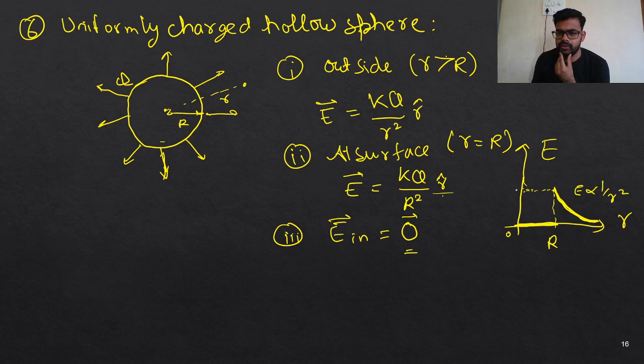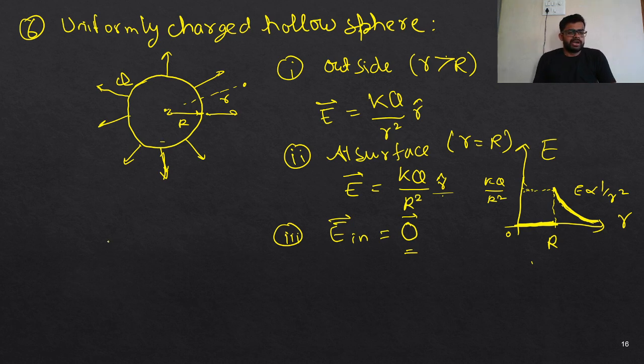Here E is 0. So what is this value? This value is kq upon r square. So the curve is 0 up to R, and after that from this point the curve is like this. That's all. This is the curve for the hollow sphere. You have to remember it, you have no other option.